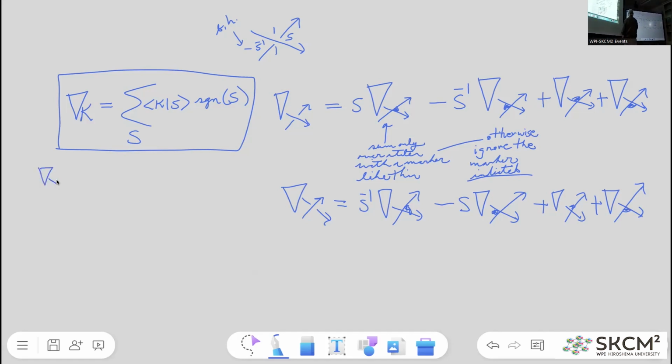And my difference formula reads that this minus this is going to be equal to S minus S inverse times the states with a forward marker plus the sum over the states with a backward marker.